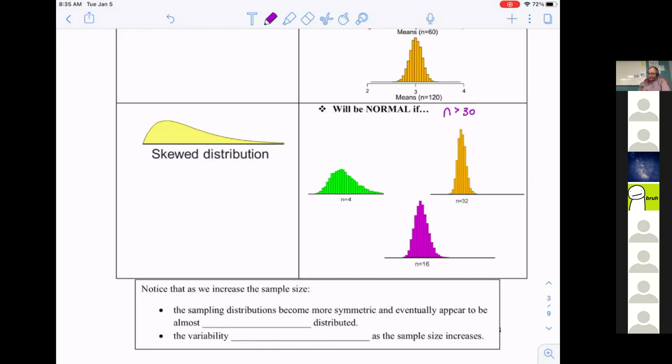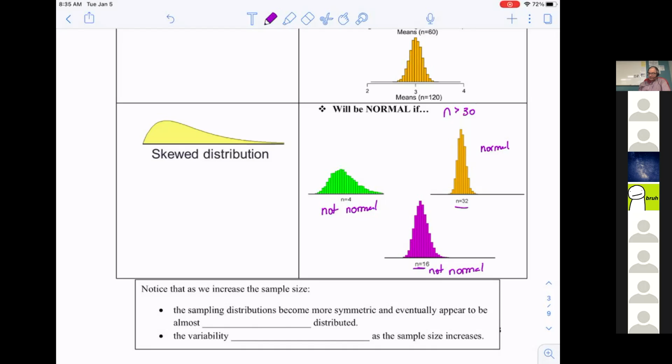So in this particular case, we can't say normal, okay? So this is not normal because my sample size is not large enough. This one's not normal. Even though it looks it, in reality it's not normal because my sample size isn't large enough. However, this one will be approximately normal because my sample size is greater than 30, okay?